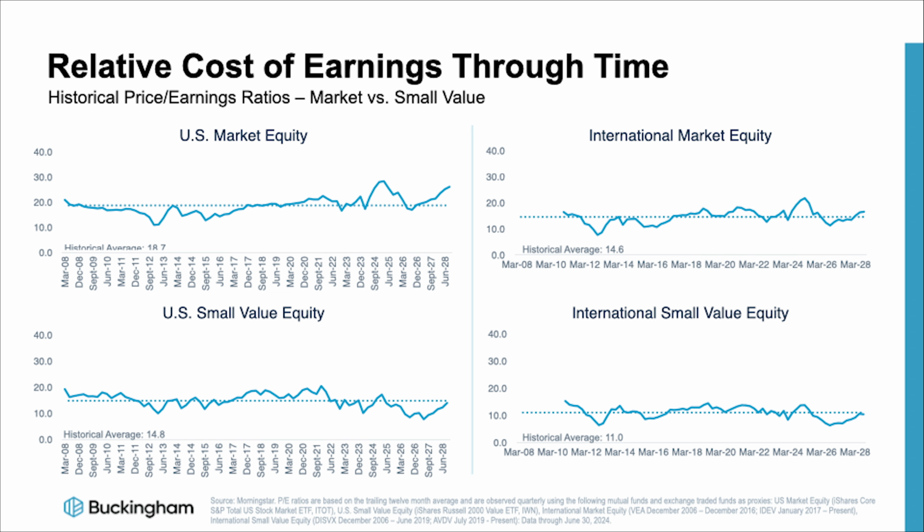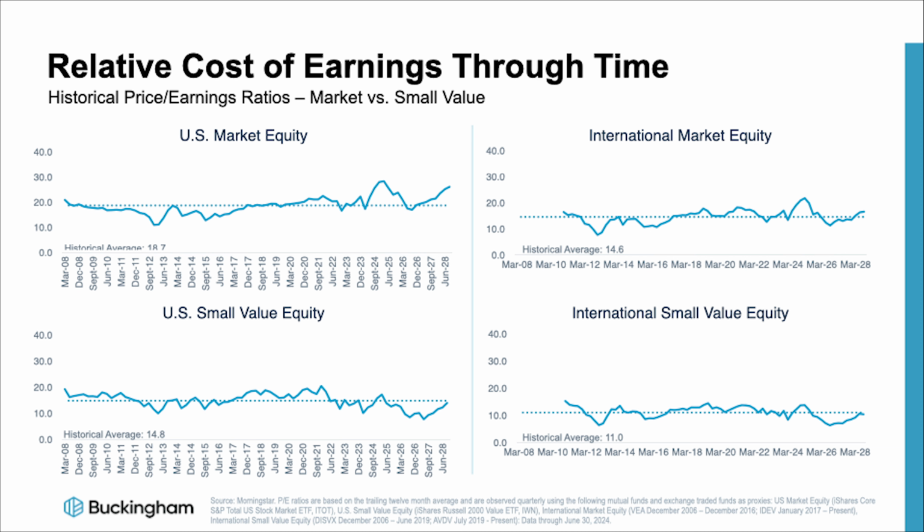The opposite is, of course, true for international markets and small value stocks globally. So it's reasonable to expect higher returns than in the past when valuations were above their long-term historical averages. Now, we'll emphasize that this is a long-term relationship, and that short-term outcomes will likely be dominated by unexpected market forces.